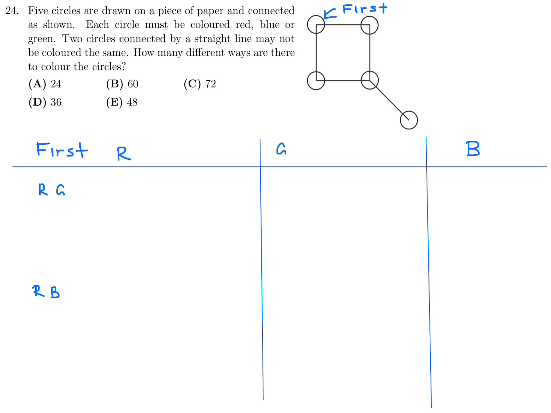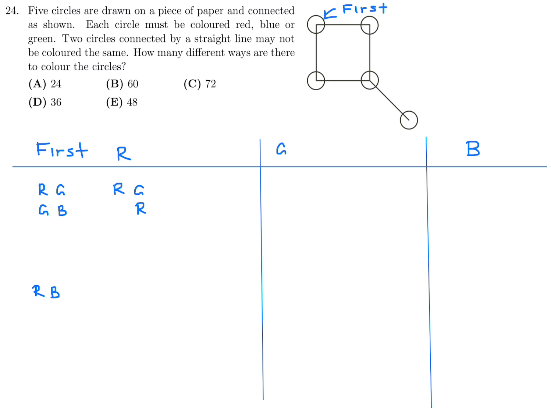But let's move forward to the next one to see what happens. If it's red, green, then the next one has to be blue, right? Or it could be red, green, and red. That's perfectly fine also. Okay? If it's red, green, and blue, this guy, then what about this one here? What color can that be? Well, that has to be green. It can't be red or blue.